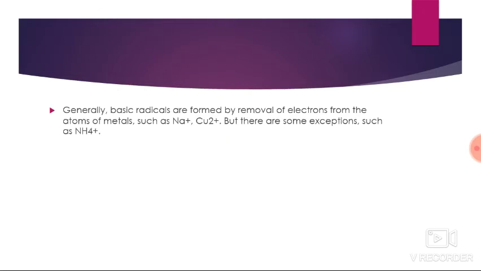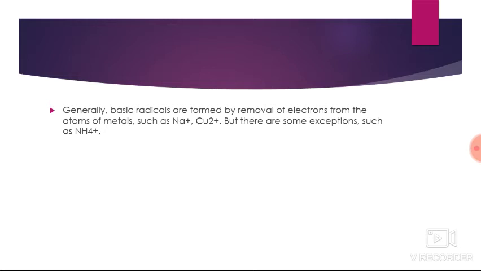Okay, so now the next topic comes, but we will continue with this first. Generally, basic radicals are formed by removal of electrons from the atoms of metals such as Na+ and Cu2+, that is copper 2+. But there are some exceptions, such as ammonium.